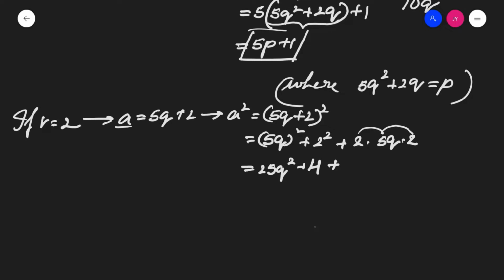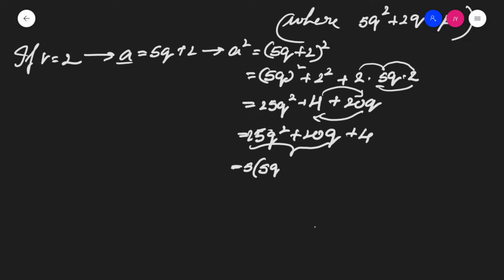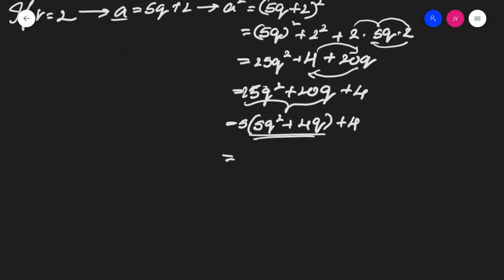So 2 into 5, 10. 10 into 2, 20. So 20q here. So I'm going to rearrange the terms again: 25q square plus 20q plus 4. I'm going to take 5 common in both terms. So 5 into 5q square plus 4q, plus 4. So let us take this value as p.